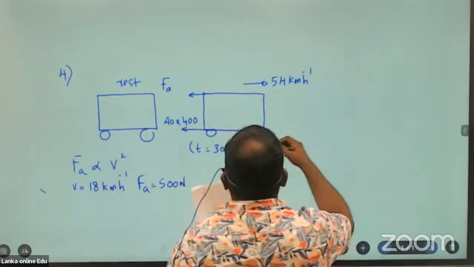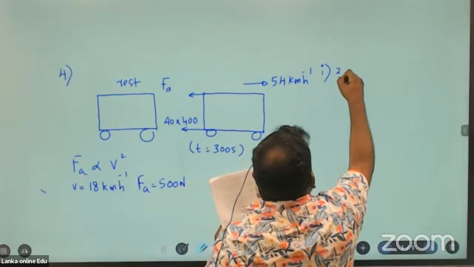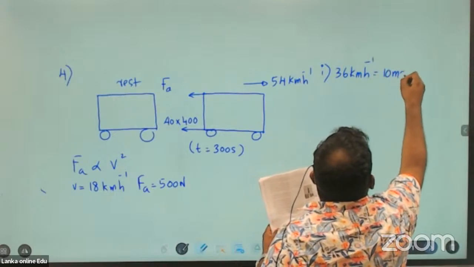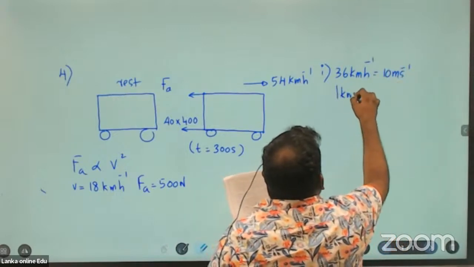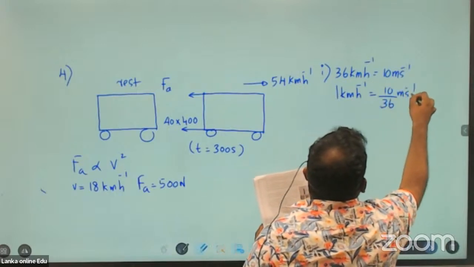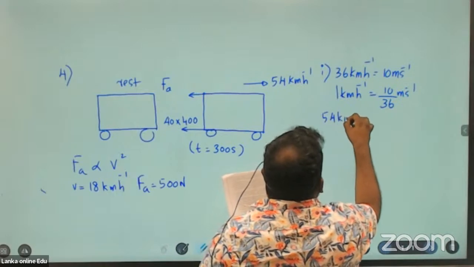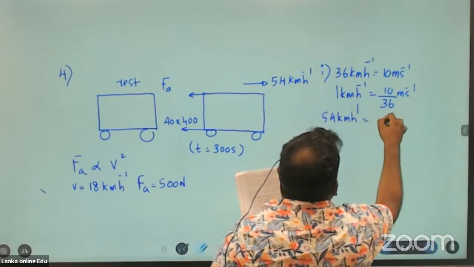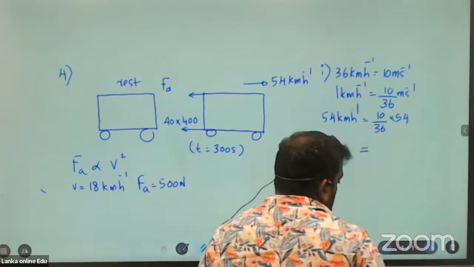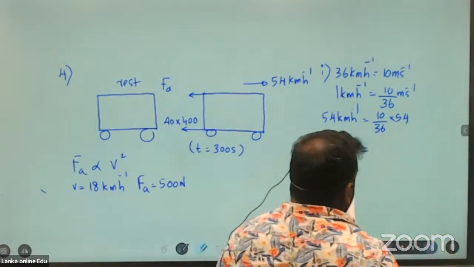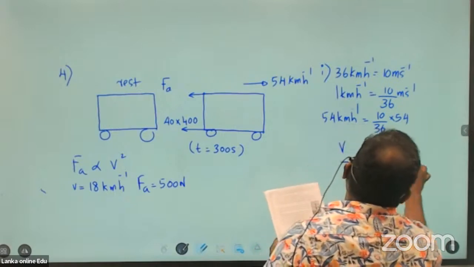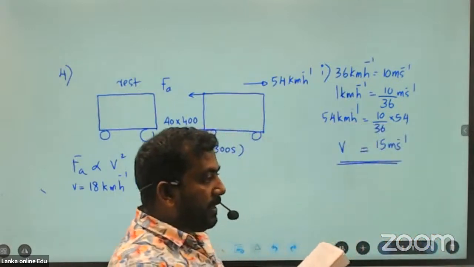The conversion: 36 kilometer per hour is 10 meters per second. 1 kilometer per hour is 10/36 meters per second. 54 kilometers per hour will be 10/36 multiplied by 54, you'll get your answer, 15 meters per second.